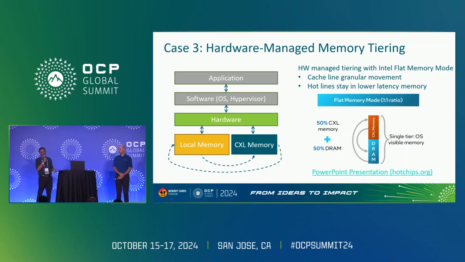You always try to go to the local memory. If you have a miss, you go to CXL memory and you swap, right? So this mechanism is entirely done at the hardware level. You don't have to change your application. You don't have to change your software. So that's the third method, hardware managed memory tiering.